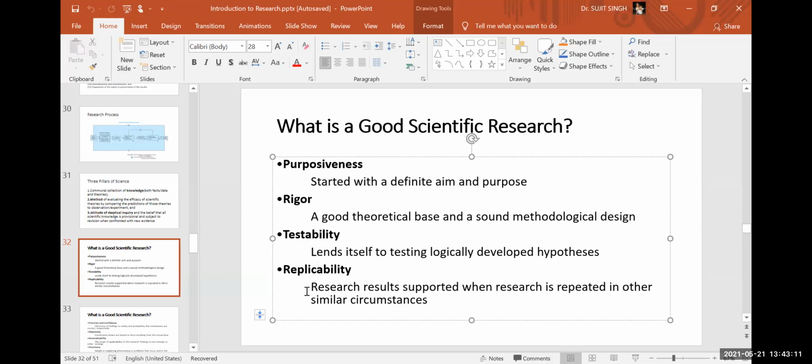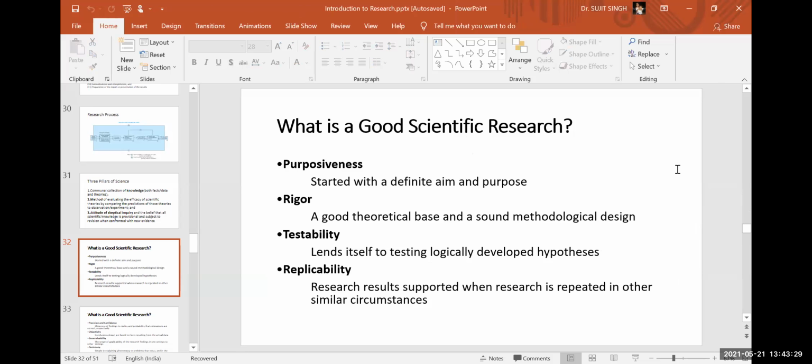Research should be replicated means that when you are going to set the same parameters, the result should be same. Replication means making the copy. So research results supported when research is repeated in other similar circumstances. Replication should be possible. Only that kind of research will be known as the good scientific research.